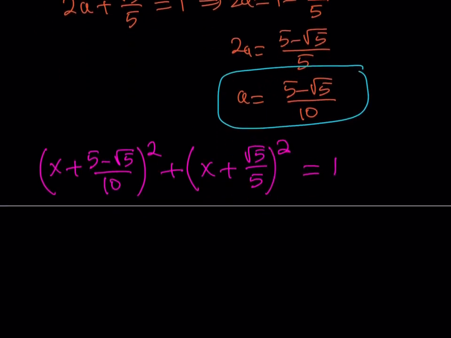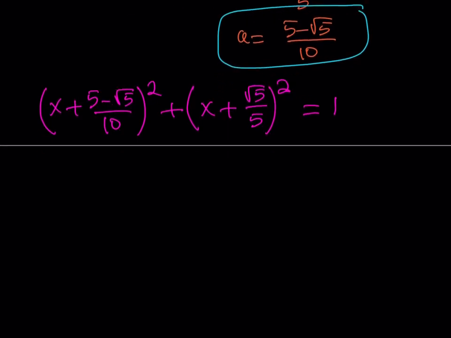All right, cool, awesome. Now, we can expand this. We can arrange the terms. We're going to get 2x squared plus blah, blah, blah, so on and so forth. There's going to be a lot of constants, a lot of radicals. So I'm going to spare you all that trouble and give you the x value. Obviously, we're getting two values here, one of which is negative, and that's not acceptable because x is the side length of the square.